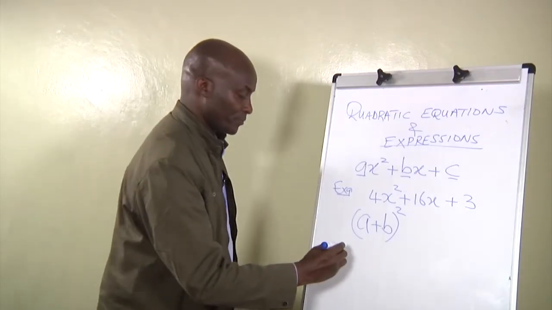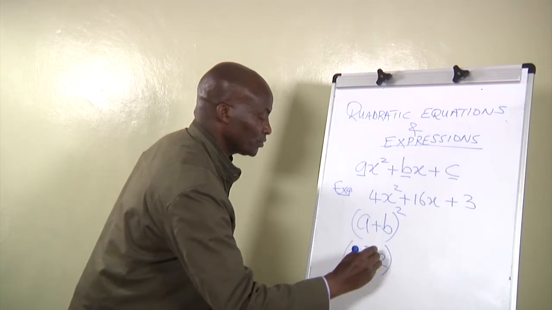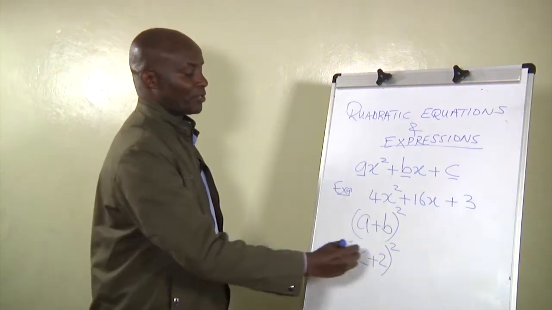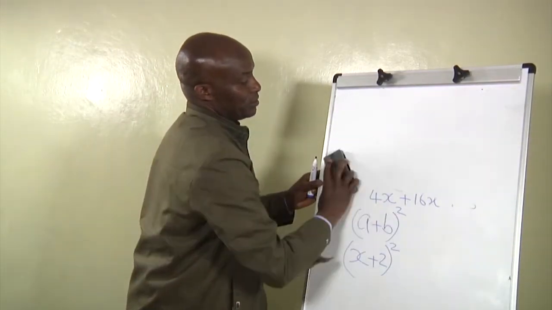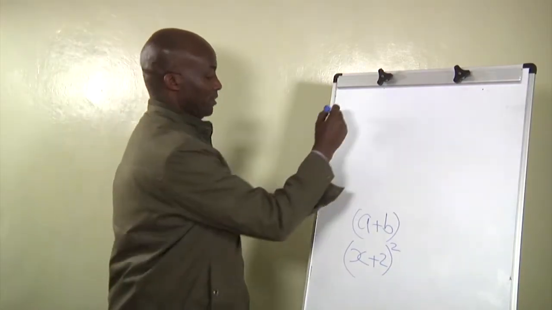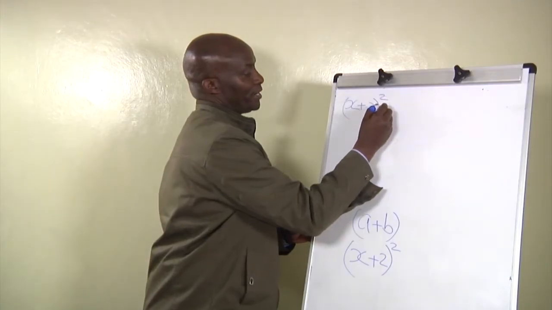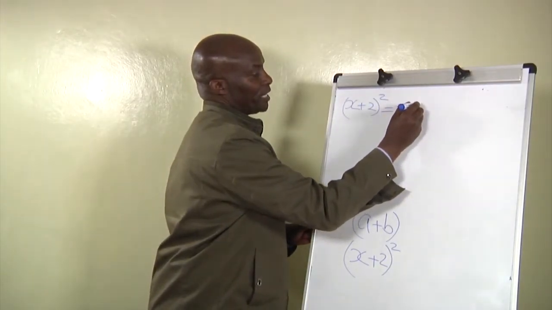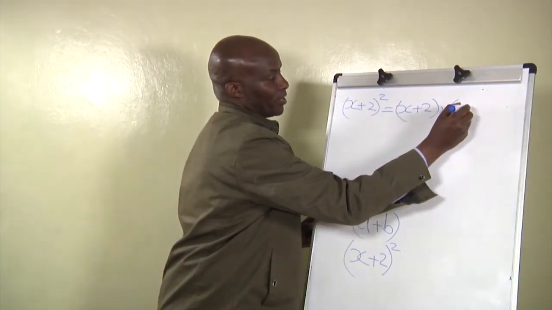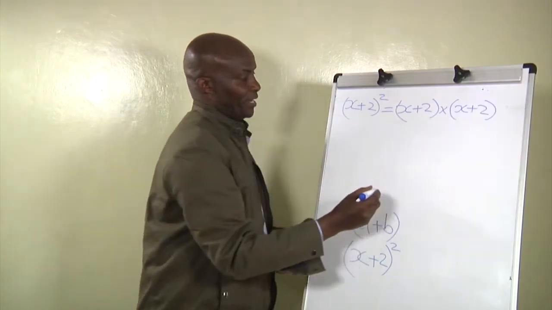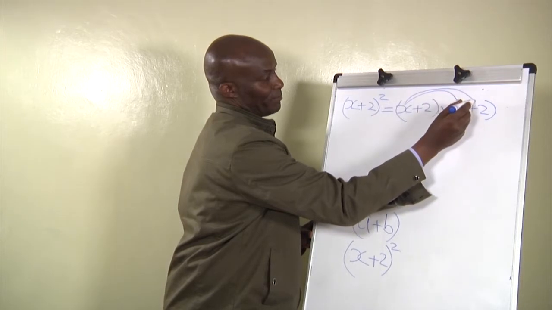For example, if I say x plus 2 squared and multiply this out, I will have, let me write it up here, x plus 2 squared means x plus 2 multiplied by x plus 2. And this is how we multiply: x multiplied by x, then multiply by 2.